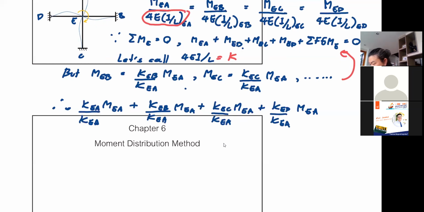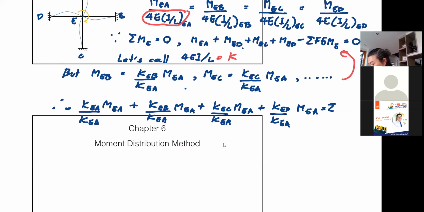And this is going to be equal to the, let me try to modify things a little bit here. Because the summation here must add up equal to 0, if I change this into a negative sign, it's better.